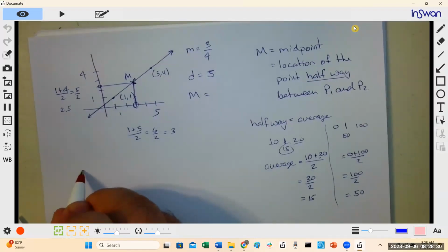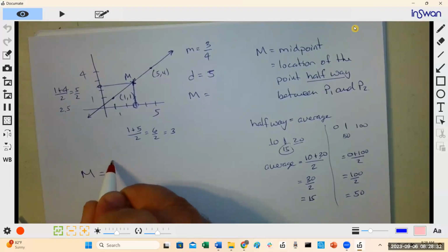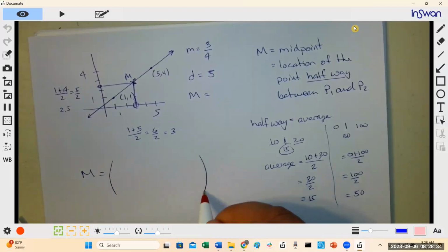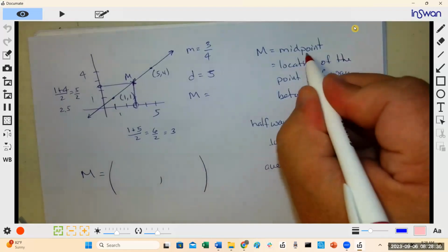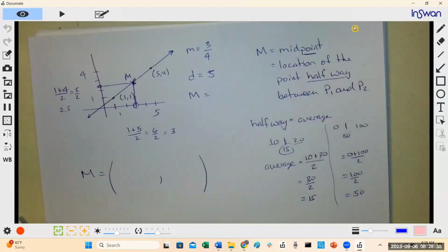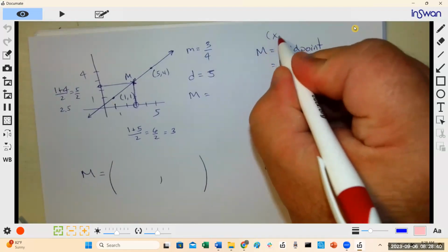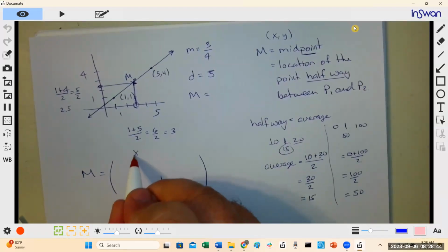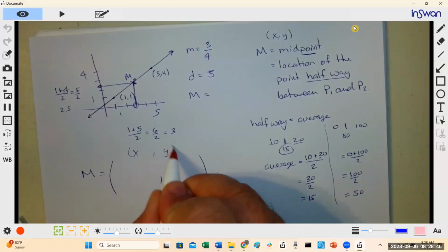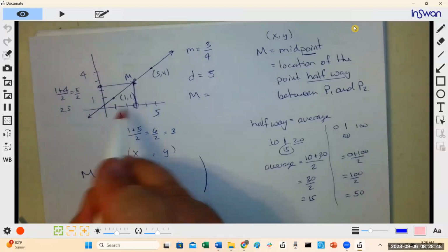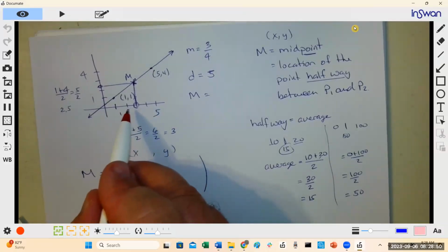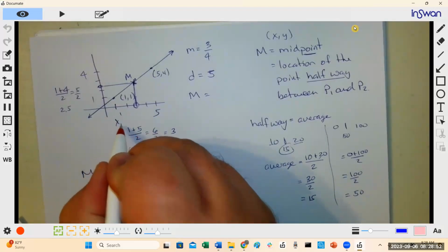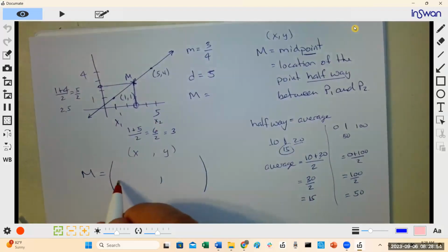So what's the formula? Because it is a point, it's a midpoint, all points have to have an x and a y component. So the x component is horizontal. This is x1 and this is x2.